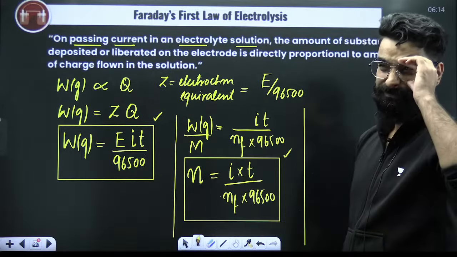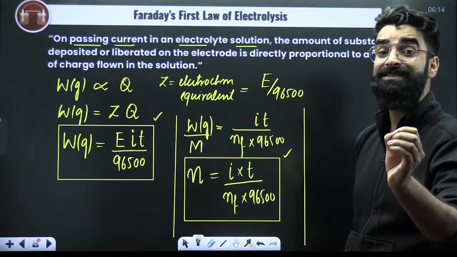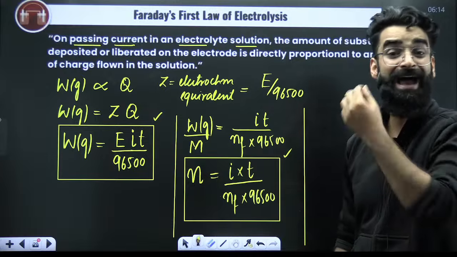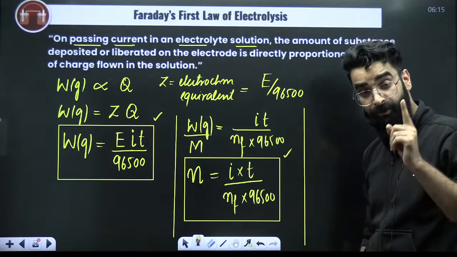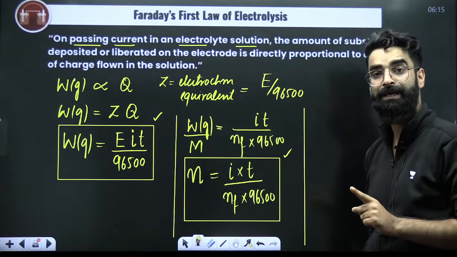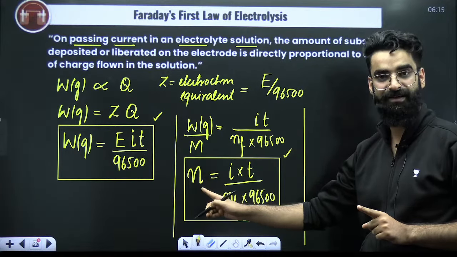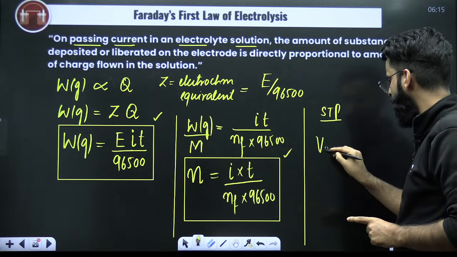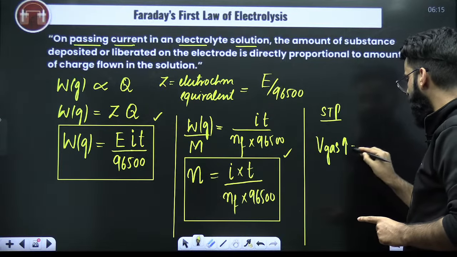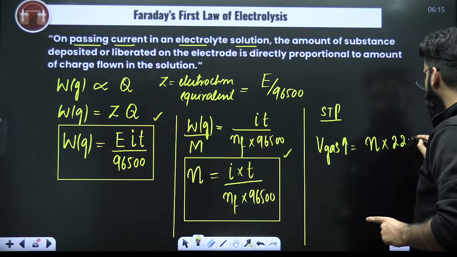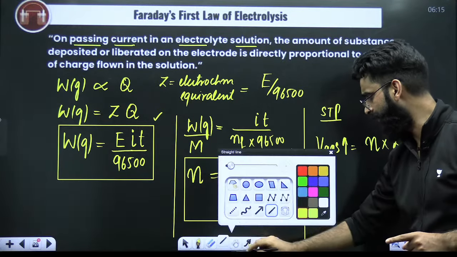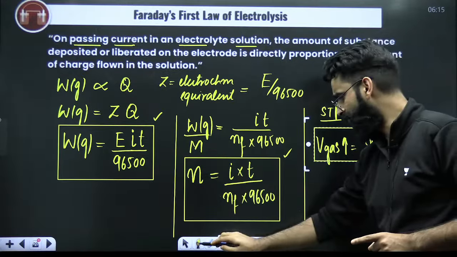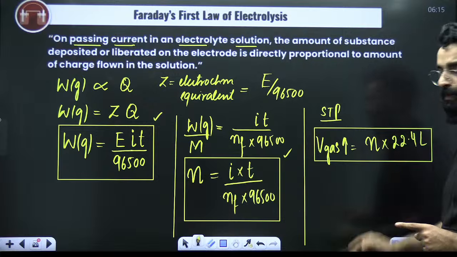If they ask you to calculate the volume of the gas liberated at the electrode at STP, first you will calculate the moles of the gas liberated. Once you calculate the moles, the volume of the gas liberated will be equal to the moles of the gas liberated multiplied by 22.4 liters. This is how you do it.